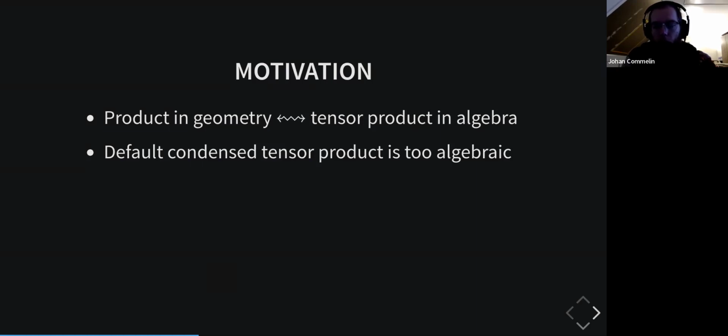So once we have condensed sets, we can look at condensed abelian groups. These are going to be abelian group objects in the category of condensed sets, or if you want, like a sheaf of abelian groups on this category of quotients of the Cantor set. And this is going to be an abelian category, and it's going to come with a tensor product.